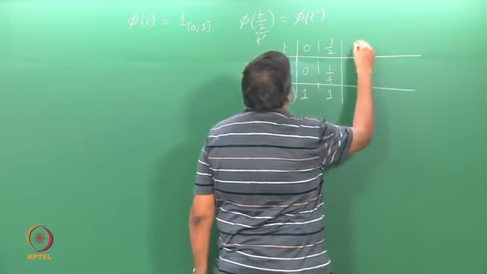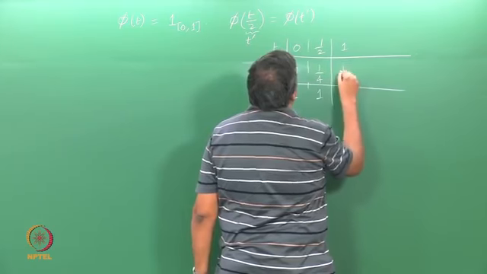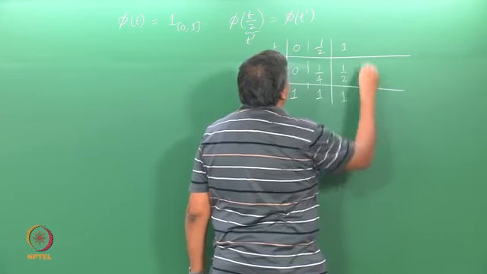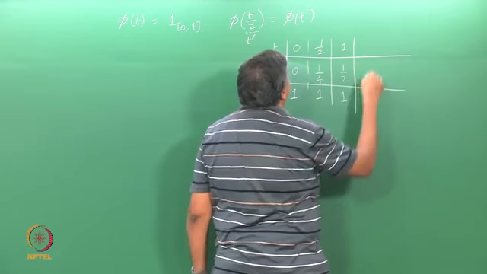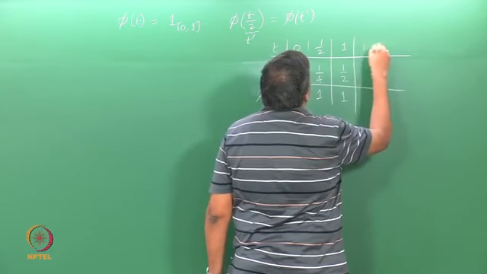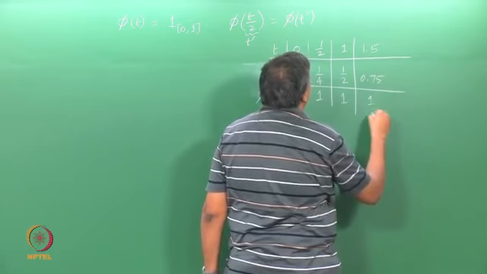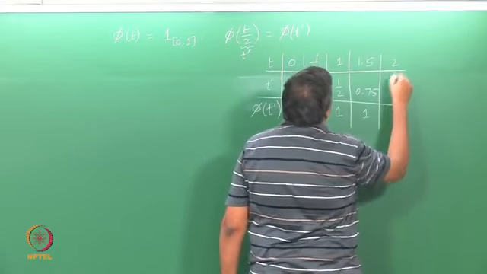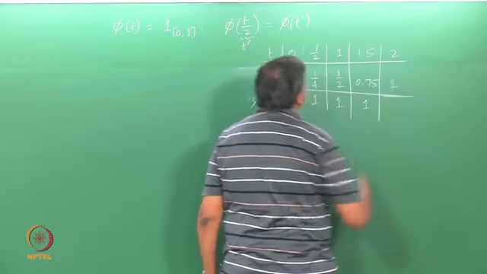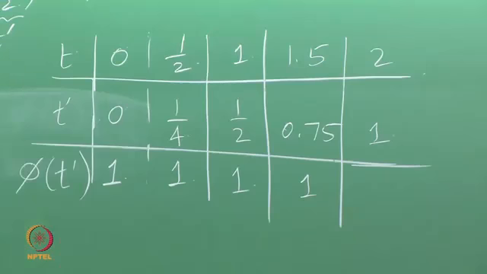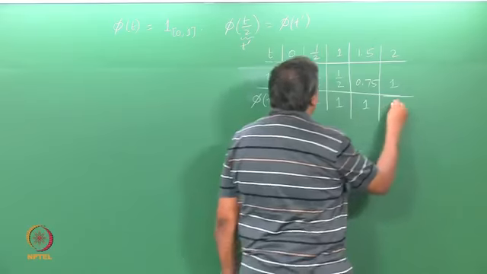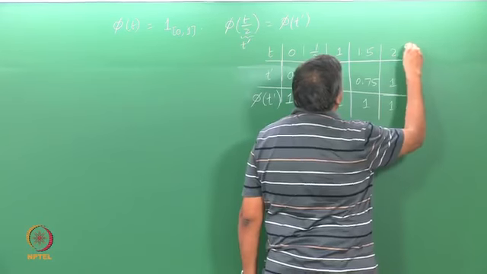Then I pick 1 here for t, therefore, I get half, likewise I get phi of t prime to be 1, and so on. If I pick here 1.5, I have 0.75 for t prime, once again the value is 1, and when t is 2, t prime is 1, and then I have phi to be 1 at this point.